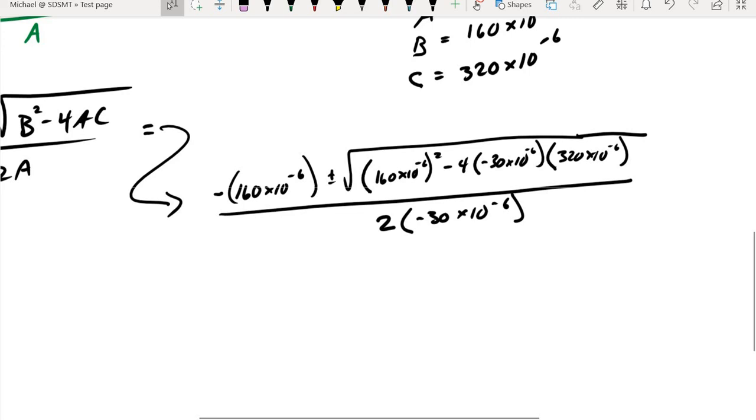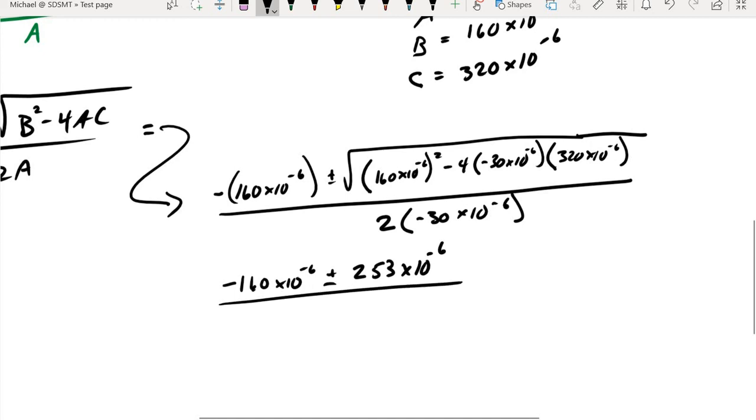Out front here, we're going to have our negative 160 10 to the minus 6, and I've already calculated everything on the inside for our square root, and what I get is that all evaluates down to a 253 10 to the minus 6, and then in the denominator we just have twice the value of a, which would be negative 60 10 to the minus 6.